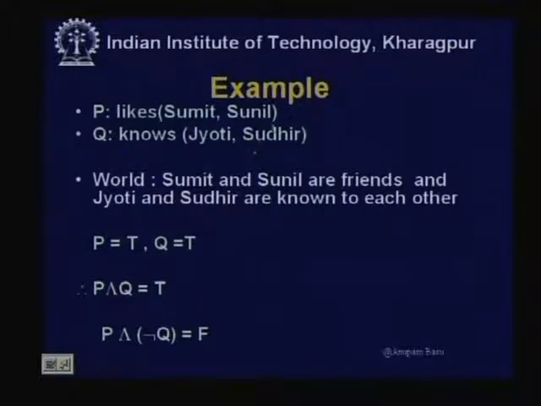You see that the world we are talking about plays a very important role, because the truth value of this proposition would have varied depending on the world in which you are interpreting. P and Q is true, but not Q, which was true in this world, is false in the same world. So now this is false, P is true, so P and not Q is false. Okay.